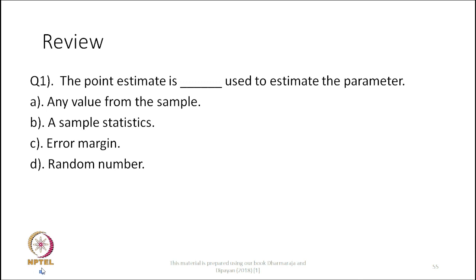There are 4 options: any value from the sample, a sample statistic, error margin, random number.